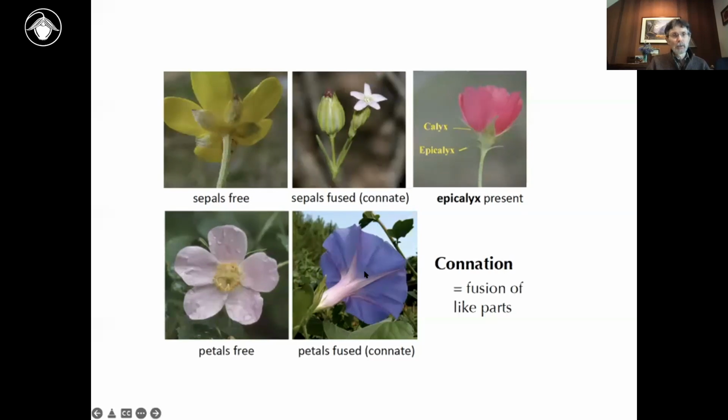Or we can have the petals fused to one another, as you see in this morning glory flower. Or the sepals could be fused to one another, as we see in lots of members of the carnation family, like this one. And we call that connation, but that term is not used in the Jepson Manual. So it's more of a point that I want to make just in terms of how fusion can occur.